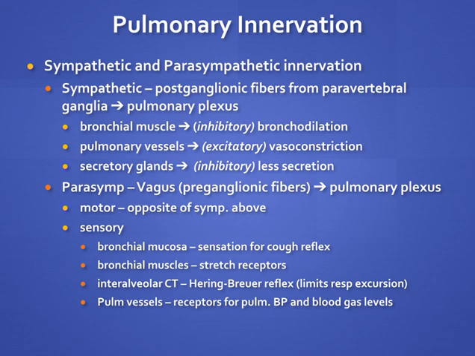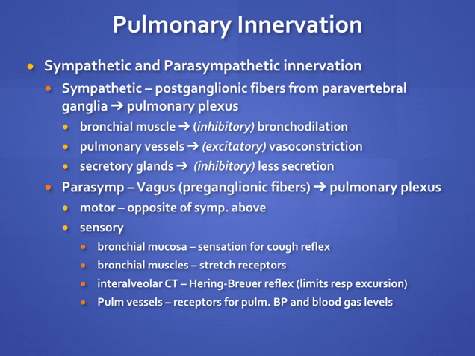A plexus is just a collection of nerves, in this case, that form this network. So the pulmonary plexus is for the lungs. For the parasympathetic system, the vagus nerve is responsible for sending parasympathetic information to the pulmonary plexus, where it will then give motor and sensory.